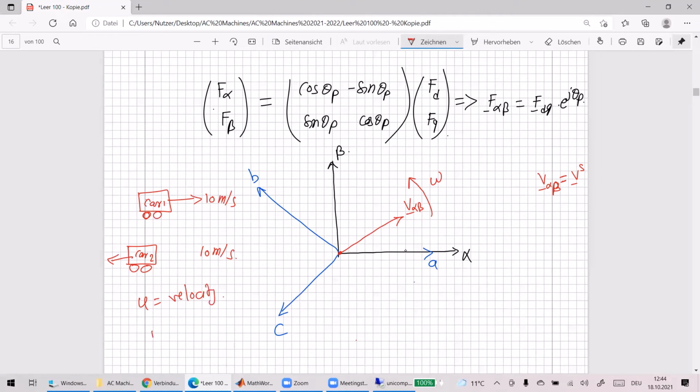So V12 is your relative velocity, which is V1 minus V2. If they are in the same direction, their velocities cancel each other out, so their relative velocity is 0. And if they are in opposite directions, one velocity is negative and one is positive, so they add up. So this is your relative speed, relative velocity.